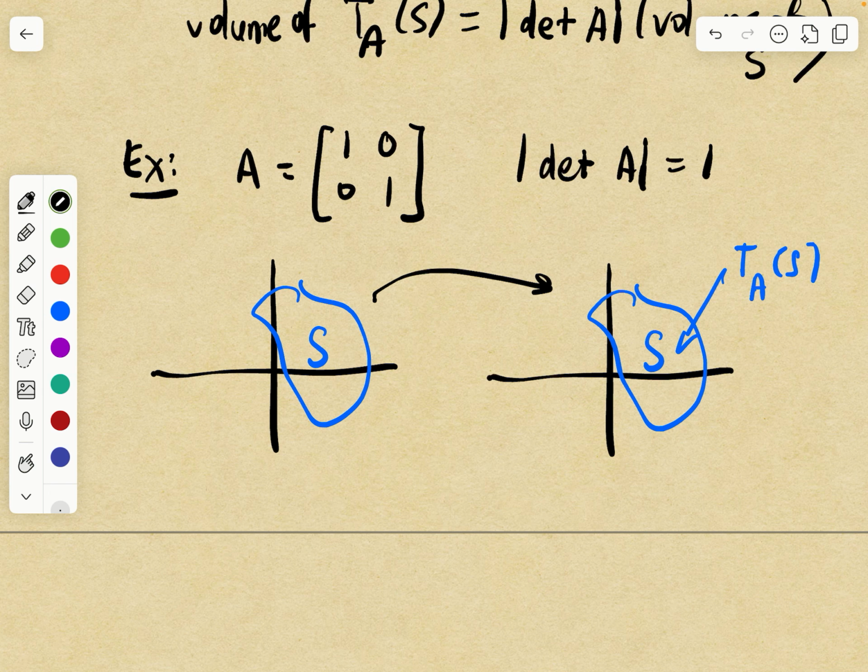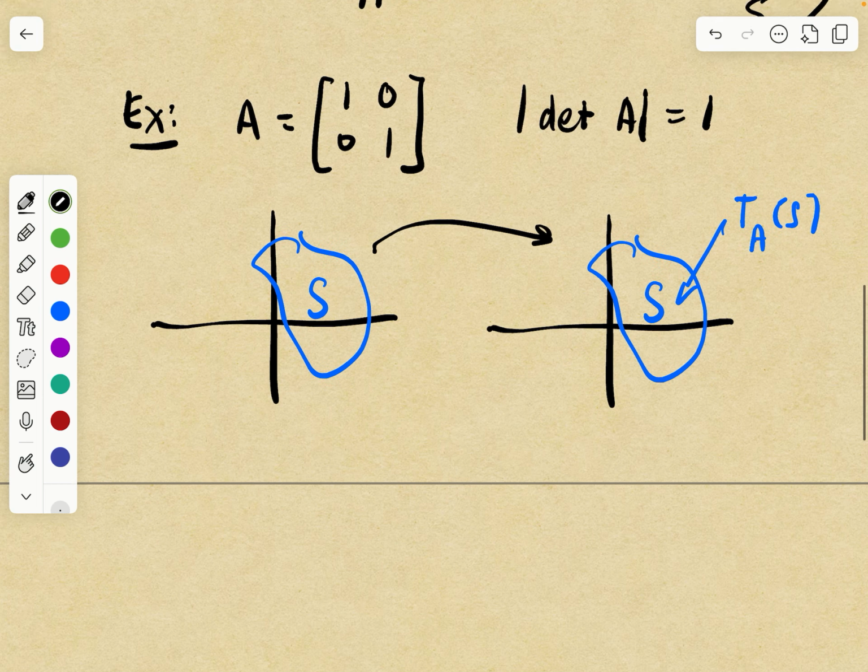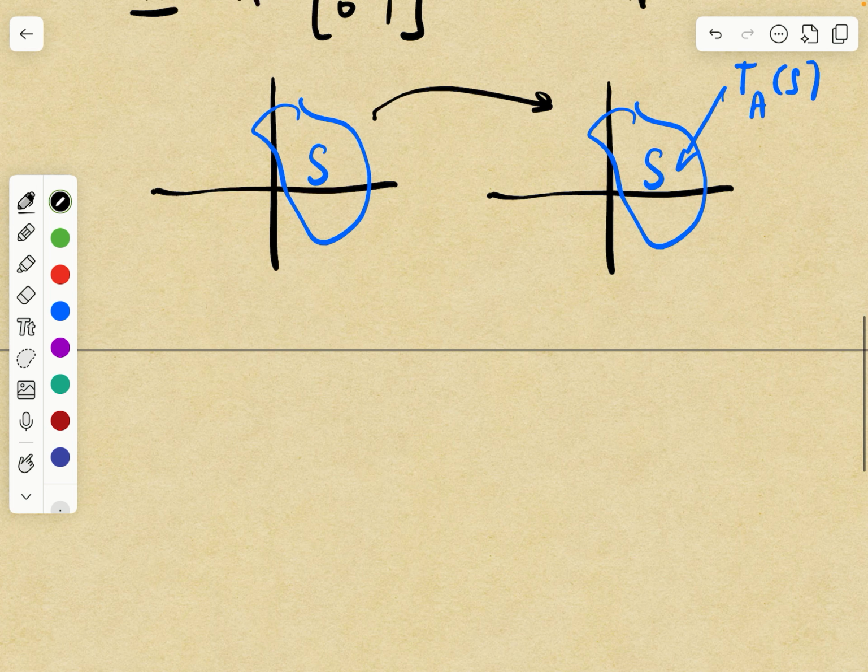And it's also true if you change A to be a different matrix with determinant 1. Well, in this case, your T sub A of S will not be the same as S. But it turns out that you're not deforming your region by making it a bigger or smaller region. It has the same area.